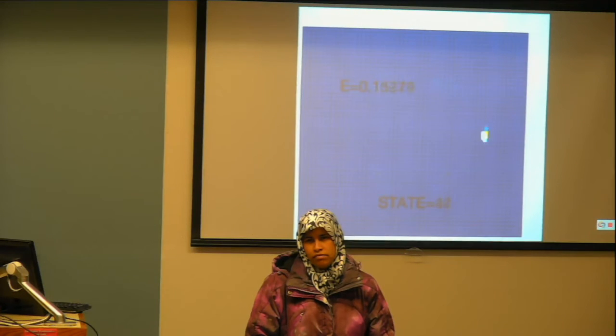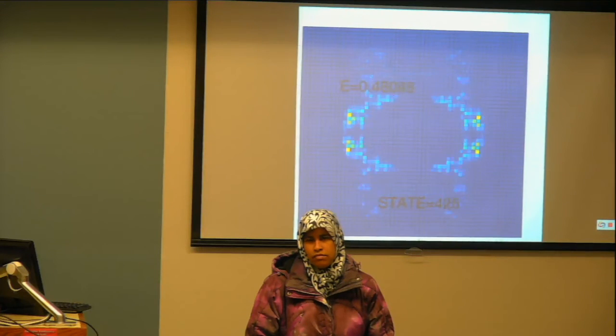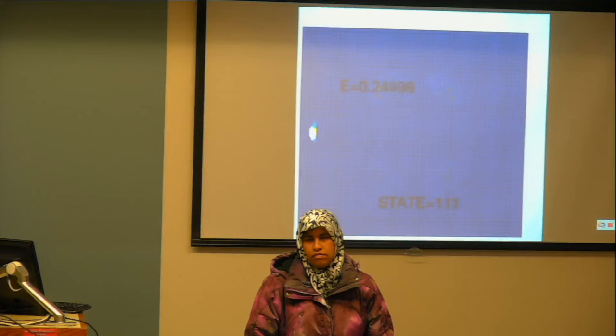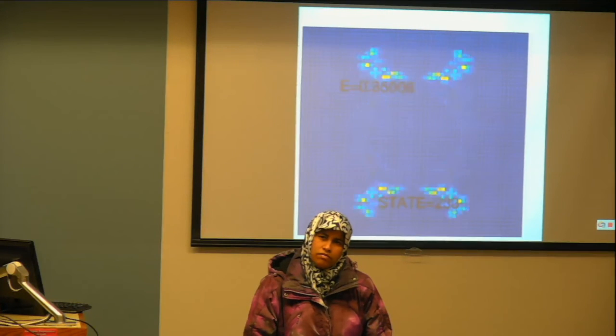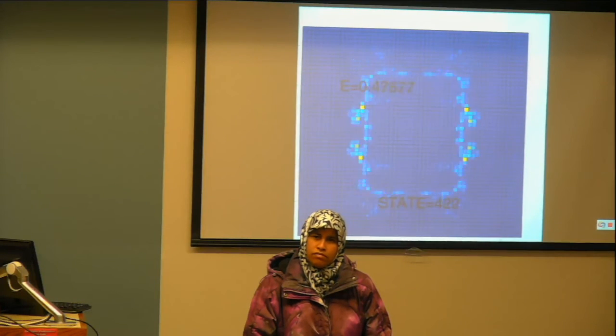And here are the eigenstates. It's maybe not the best presentation, but you see in the lower part there is an index of state, and in the upper part there is an energy. When the index of state is close to 1, they are more localized in the K prime point, in the Dirac points, right?